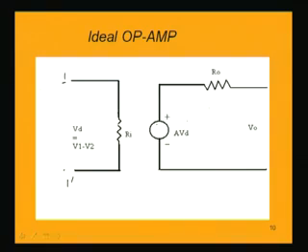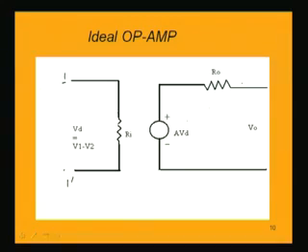But there is an output resistance also, although this value is very small, which we cannot ignore, which is R0. That R0 is the output resistance of the op amp.